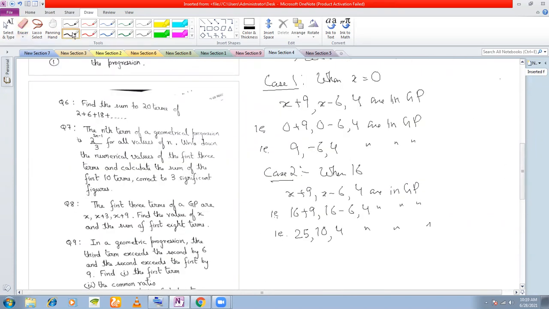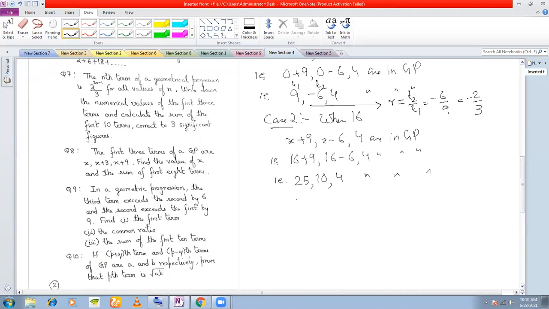So for case number 1, I forgot to do here. These are the terms of the GP. So what is the common ratio here? This is your T2 and this is your T1. So R is equal to T2 by T1, isn't it? Minus 6 by 9. So that means the common ratio here is minus 2/3.